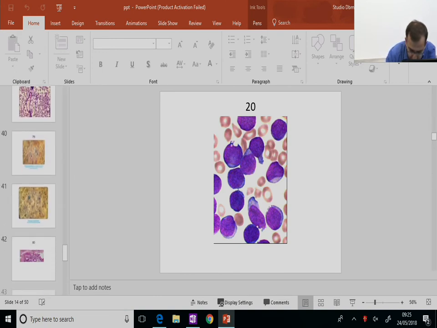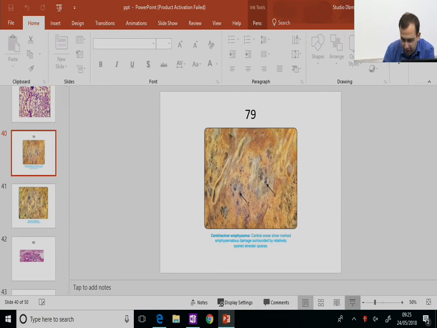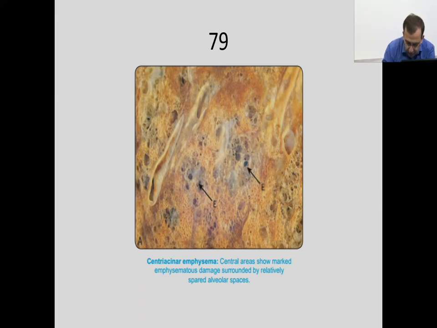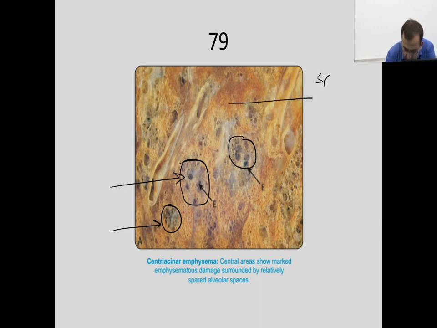let us have a look at what it looks like grossly. Now look at this image. This is a much clearer view of the same image. What it shows are central areas surrounded by spared alveolar spaces. See, these dilated areas are all emphysema with spared alveolar septa or spared alveolar spaces in the surrounding area.